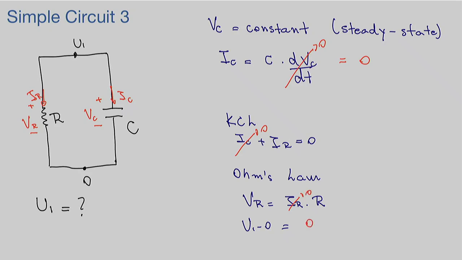Okay, so I know that U1 equals 0. Wait a minute, I could have known that from the beginning because there's no voltage source. I told you it was steady state, there's no current. But it's nice to see that the laws still apply.